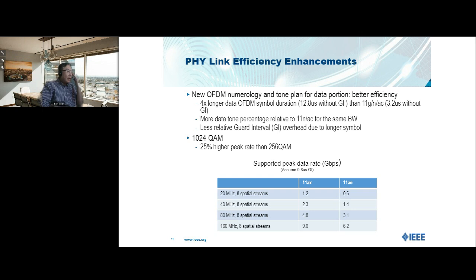Here I provide a big table to compare the supported peak data rate for each bandwidth, assuming a given number of spatial streams. You can see that compared to 11ac, 11ax has a significant improvement in peak data rate, given the same bandwidth and the same number of spatial streams.